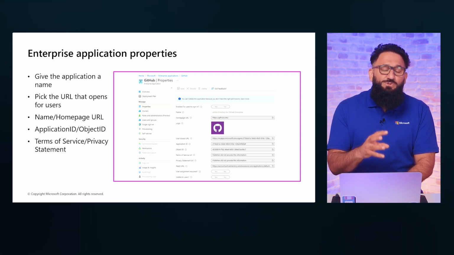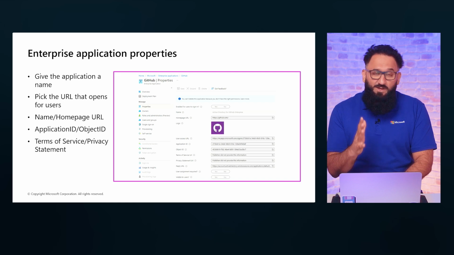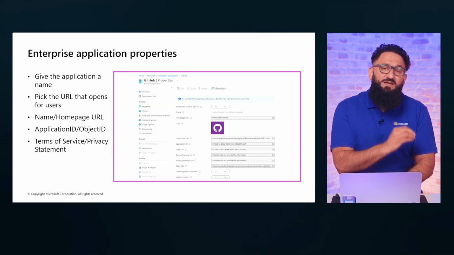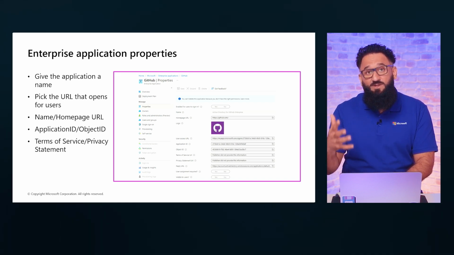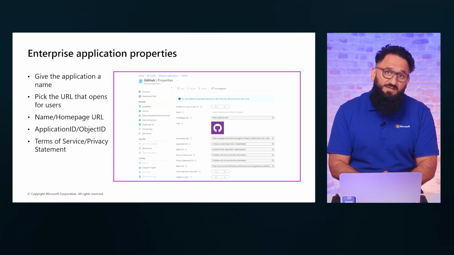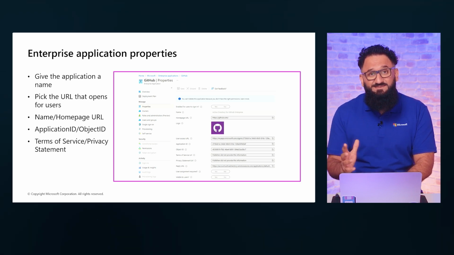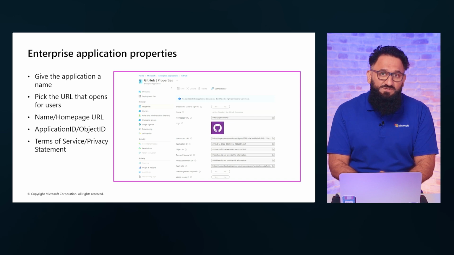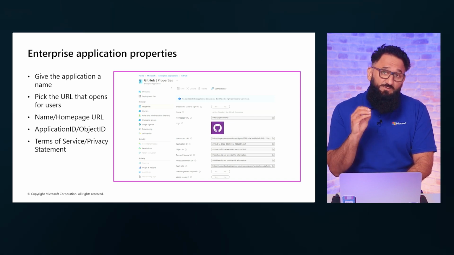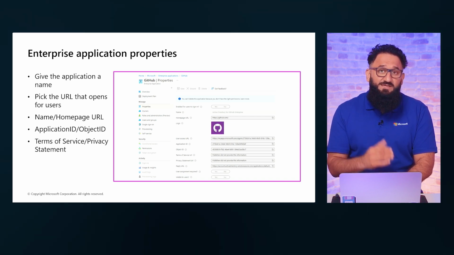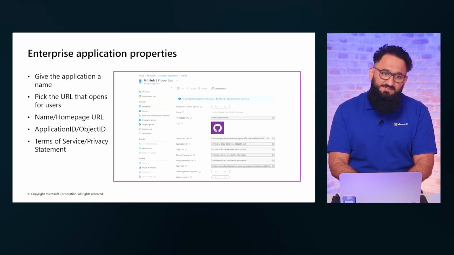Once the app is registered and available for your entire enterprise application portfolio for people to access, you can configure some more details. In this part of the session, we'll have a look at some more details around that, and we'll configure some settings in it.